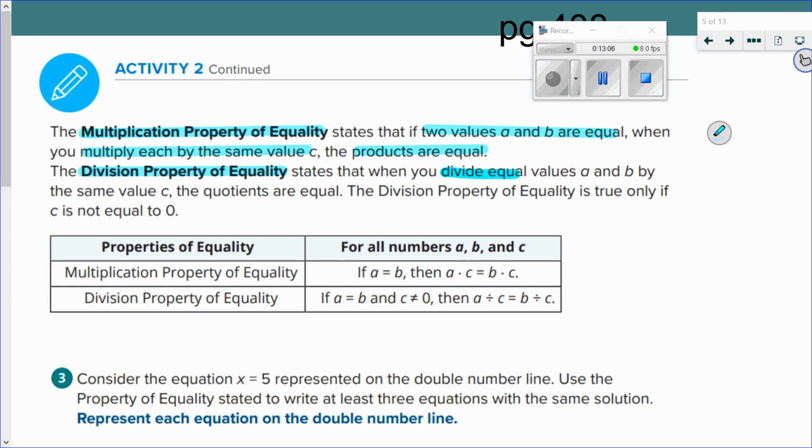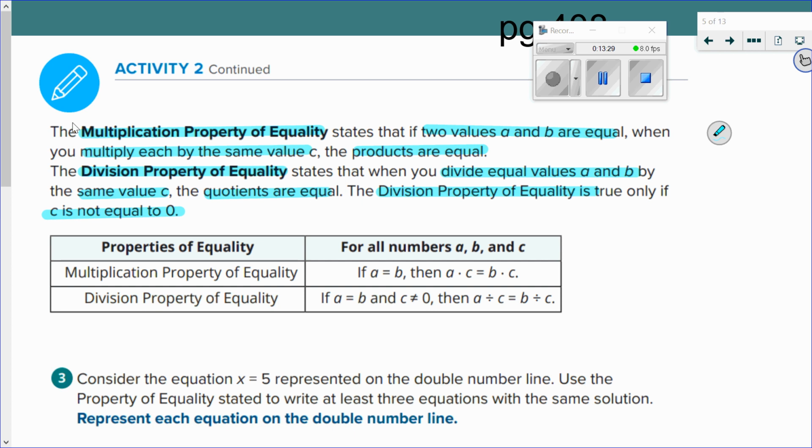When I divide equal values A and B by the same value C, the quotients are equal. One big difference, division property of equality is true only if C is not equal to 0. So the one property I can't use 0 with is division, because we can't divide a number by 0.